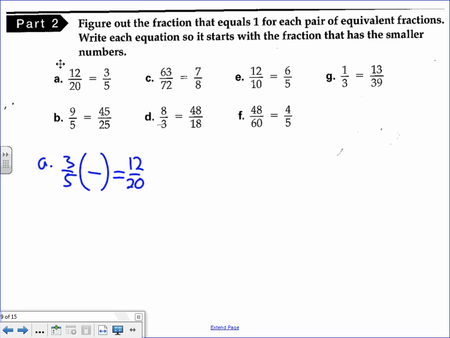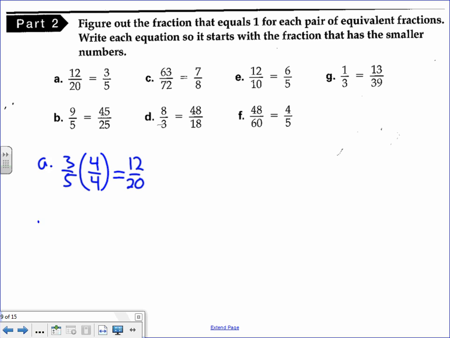Okay, so then I just think to myself, 3 times what equals 12? Well, 3 times 4 equals 12. And then I just check the bottom to make sure that holds true for the bottom. So on the bottom, 5 times what equals 20? Well, 5 times 4 equals 20. Okay, I'm just going to continue to do that.